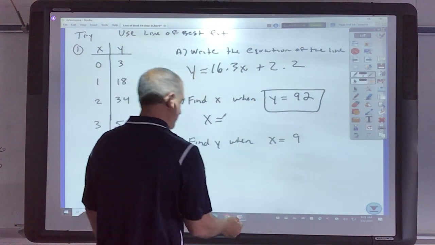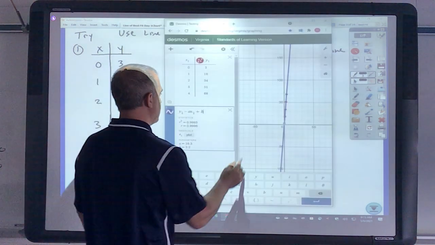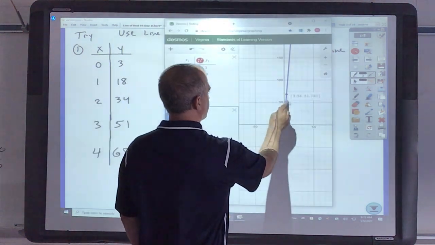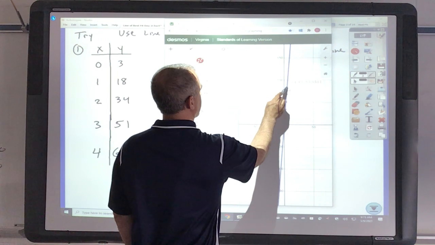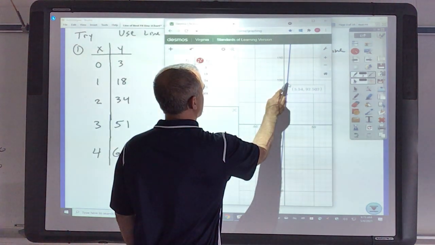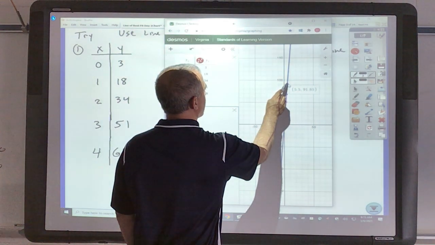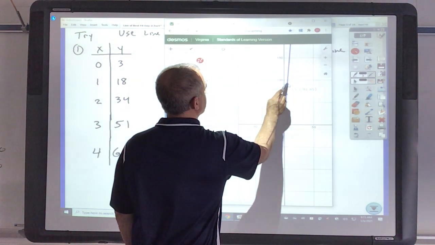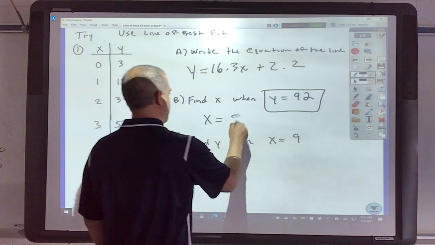So I want to find the x when the y is 92. I go up there. Getting closer to 92, and that might be as close as I can get. About 5.5 as you can see, so that's going to be 5.5.